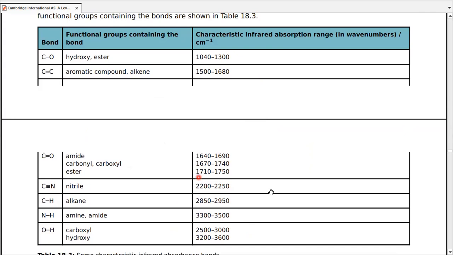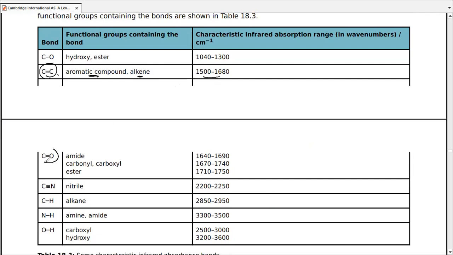It gives us the idea which functional group they belong to and what is going to be the range for it. Now, different functional groups have different ranges, and sometimes for a specific range, we may have two or three possibilities at the same time. Now, let me clarify myself. If I say C=C, that can be an aromatic compound containing benzene, or that can be an alkene ending up in the same range for the wave numbers.